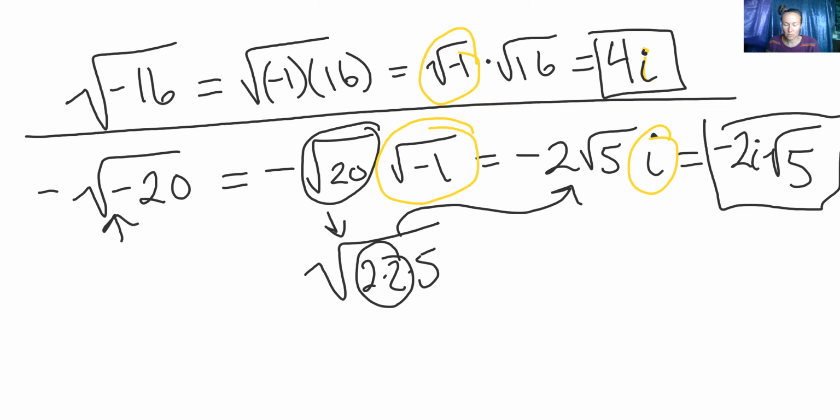Let's take a look at one more example, or a few more examples actually. Now, what if we wanted to multiply two square roots? The product rule does not hold for imaginary numbers.